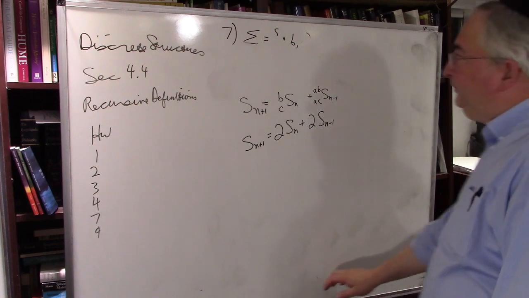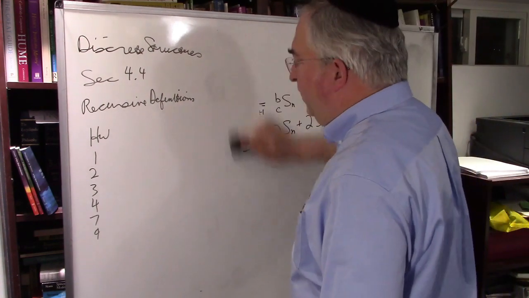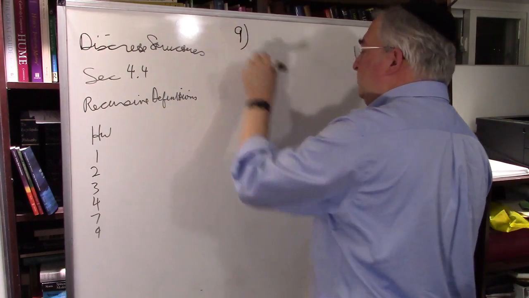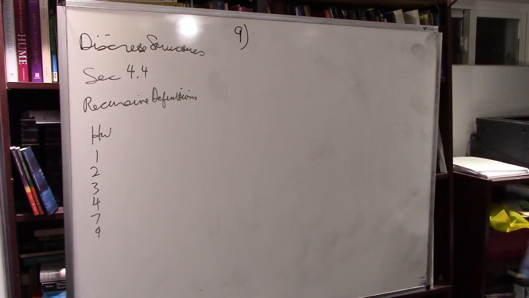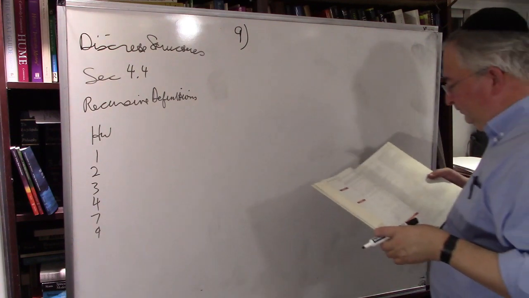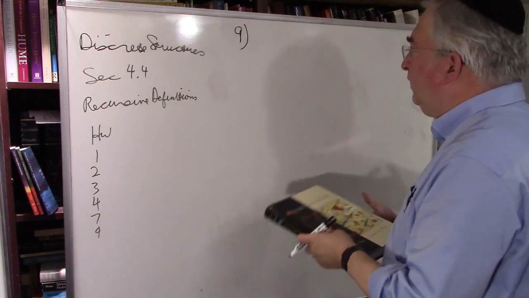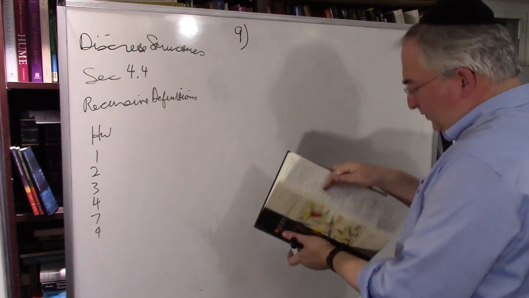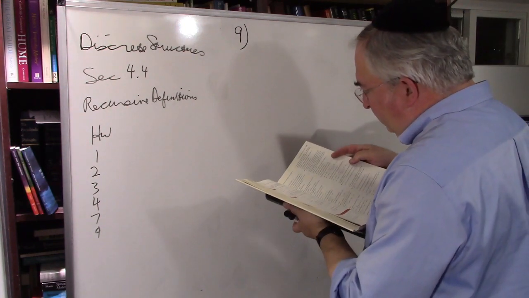Great. Let's do number 9. We're finished. Number 9. Oh, that's tough. Sigma is equal to {A, B}.